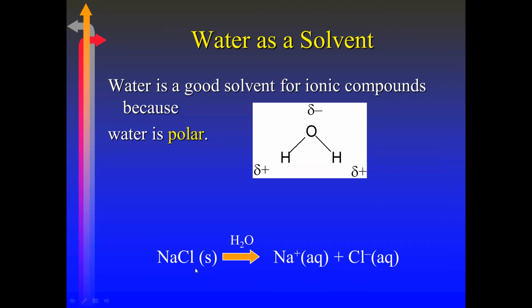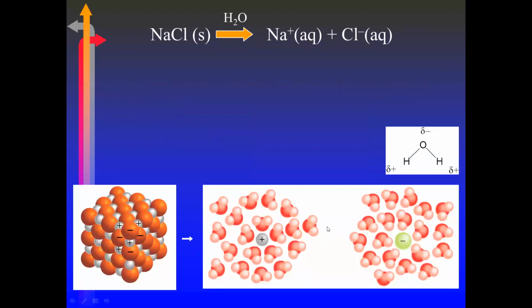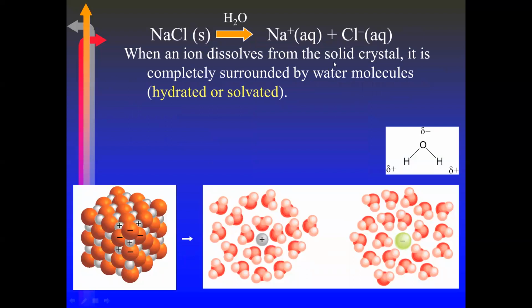So, for example, if we have this sodium chloride, and this S means solid. If we put it into the water, okay, it dissociates into sodium and chloride ions. So when the ions dissolve from the solid crystal, each is completely surrounded by water molecules.